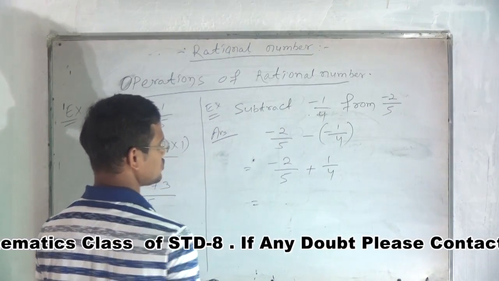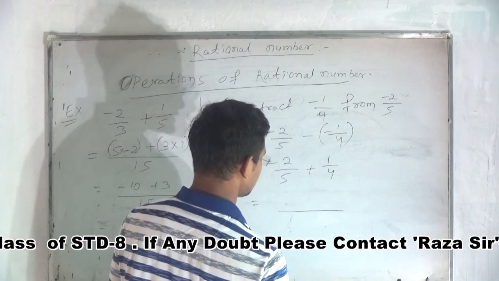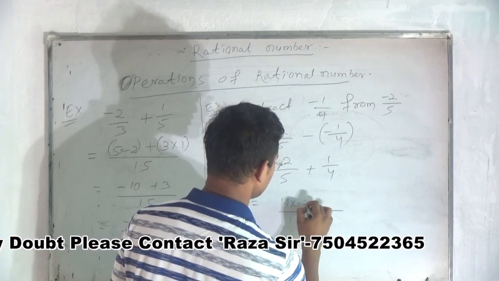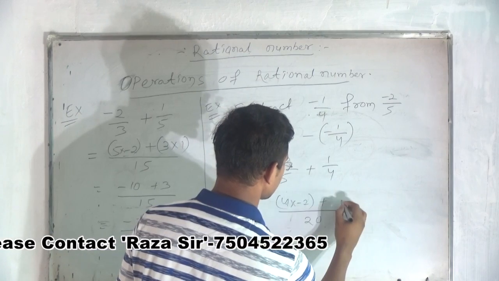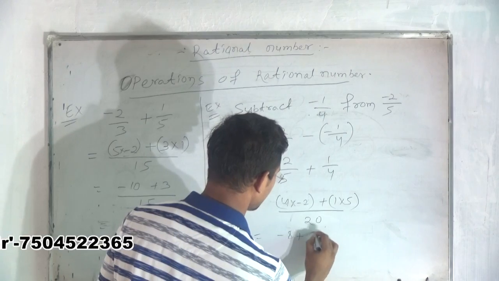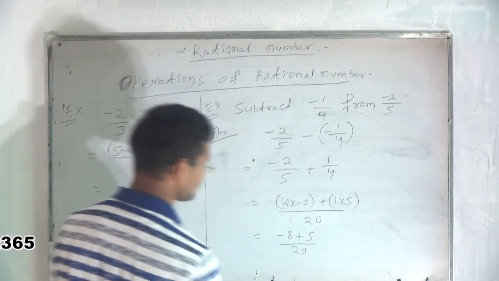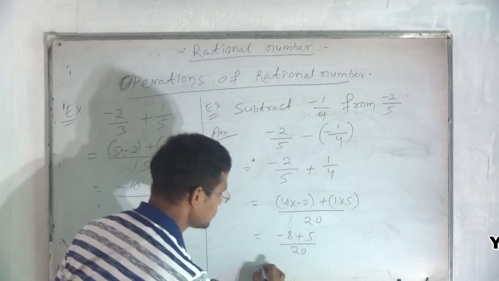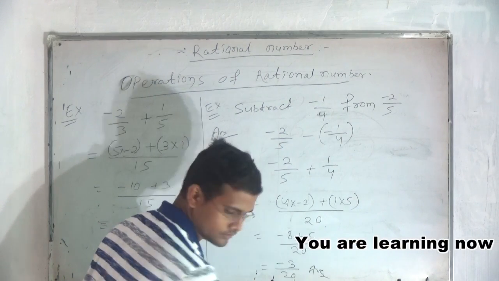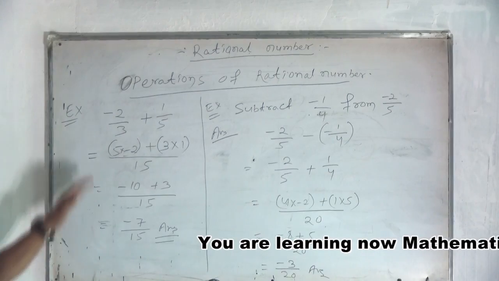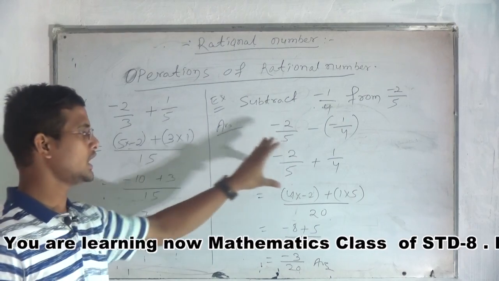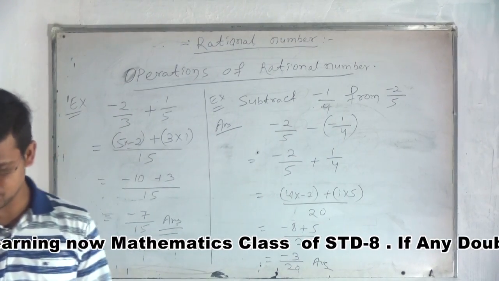Then similarly, take the LCM of denominators, 20, 4 into minus 2 plus 1 into 5, then minus 8 plus 5 divided by 20, then minus 3 divided by 20. That's your answer. That is how to add rational numbers and how to subtract rational numbers.